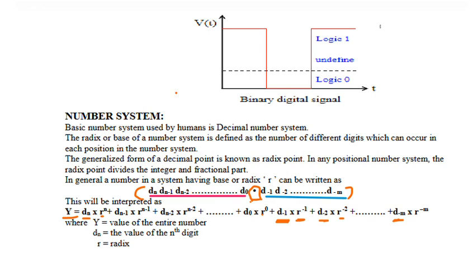The MSD is the integral part and the LSD is the fractional part. So this fractional part will have the negative elements, and the MSD, which is the integral part, will have all the positive digits.